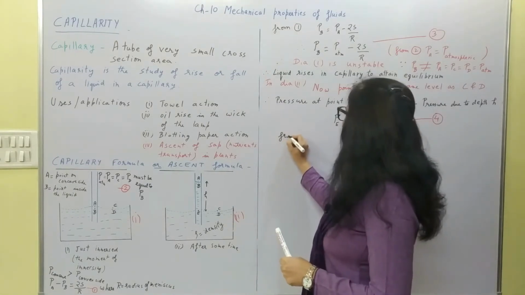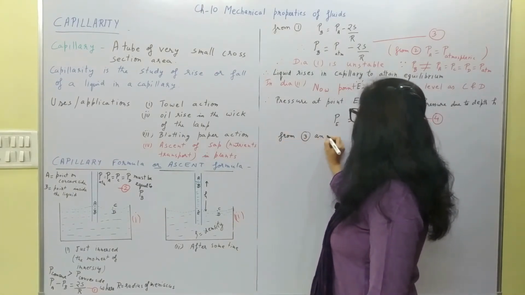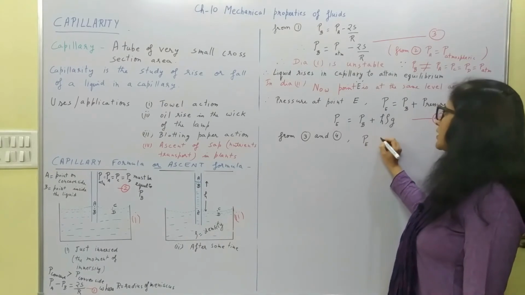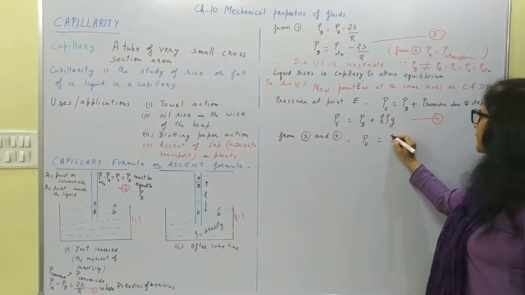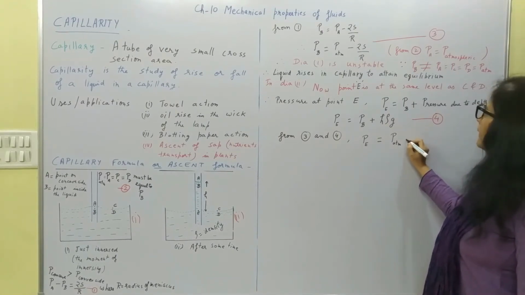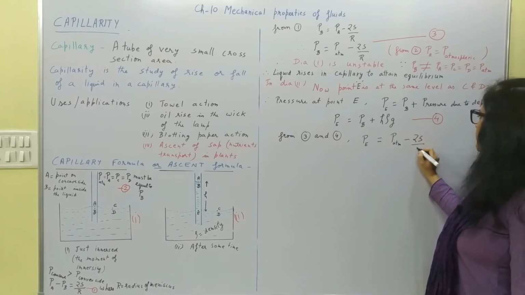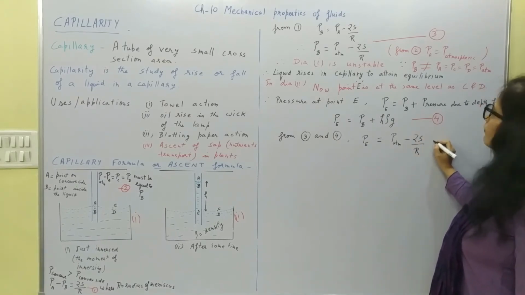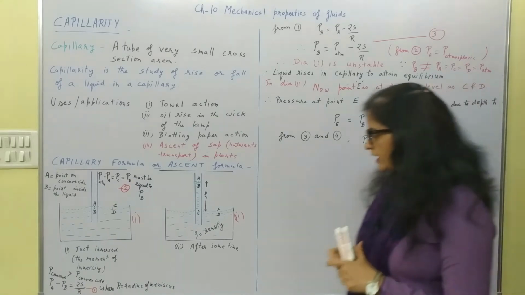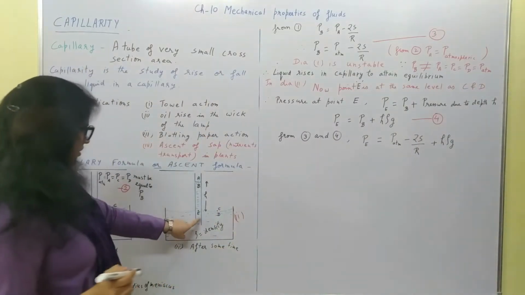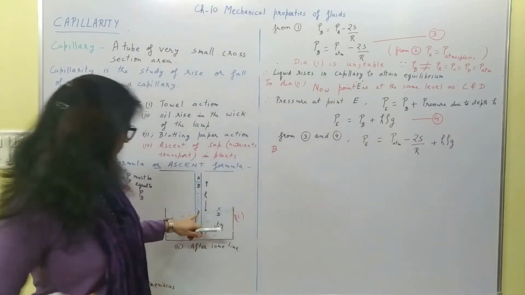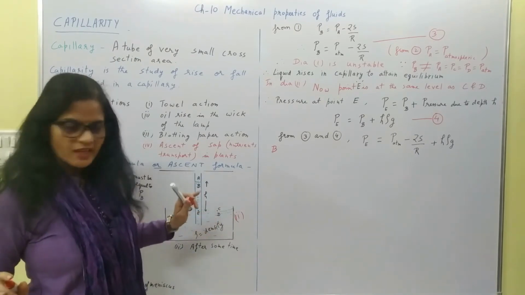So from 3 and 4, pressure at E is equal to P atmosphere minus 2S upon R plus H rho G. Now again, point E is at same level as C and D. So pressure at E must also be atmospheric pressure as it is at the same level.